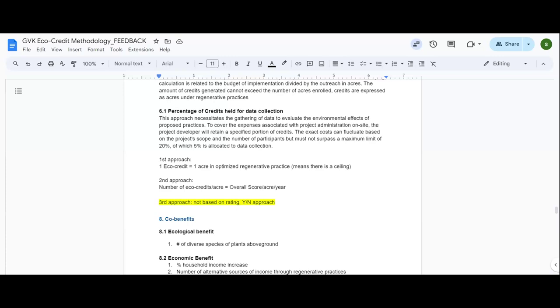So it could be binary, or it could be more like a weighted acre, which is, I think, what you're thinking in the second option. That depends on the level of detail, or the information that you can gather with certain precision.